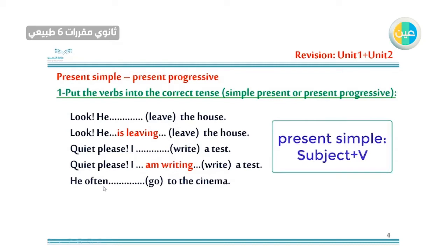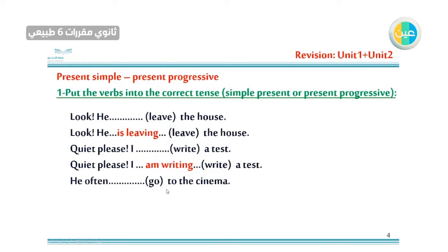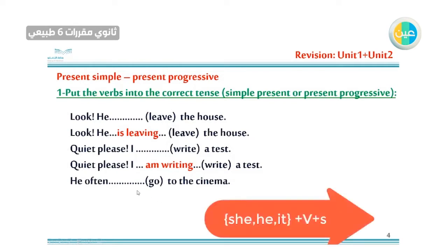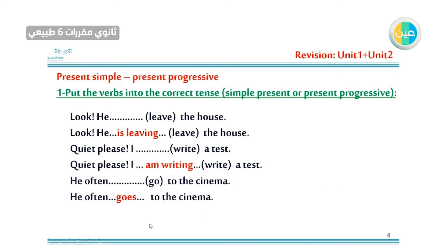Yes, subject, then the verb. And if the subject is he, she, it, or any singular pronoun, we will add s to the verb. Go, goes. Write, writes. Leave, leaves. Okay, let's check. Excellent. He often goes to the cinema.